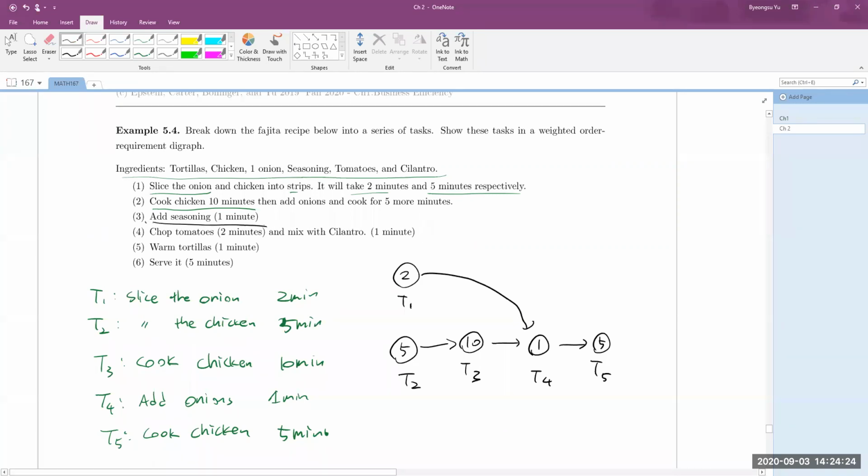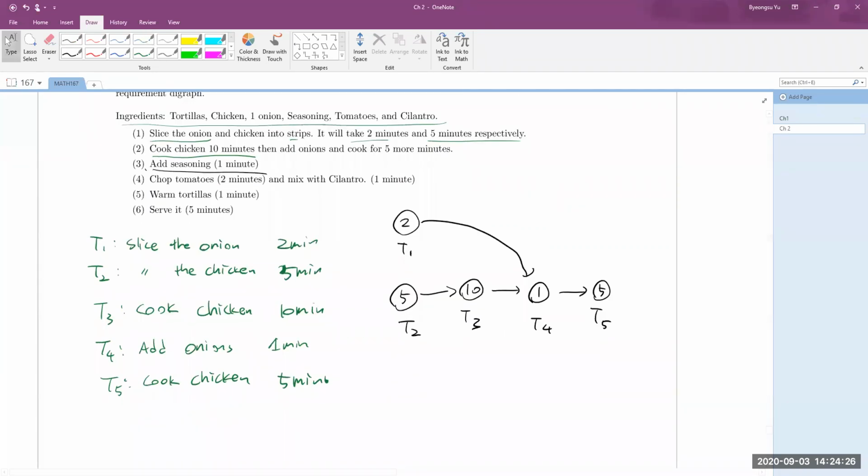And next one is add seasoning. T6 is add seasoning. It takes 1 minute. And T7 is chop tomato, which takes 2 minutes.